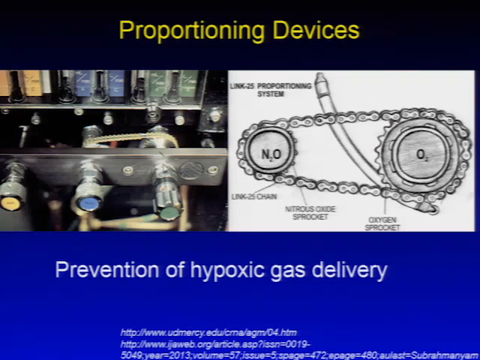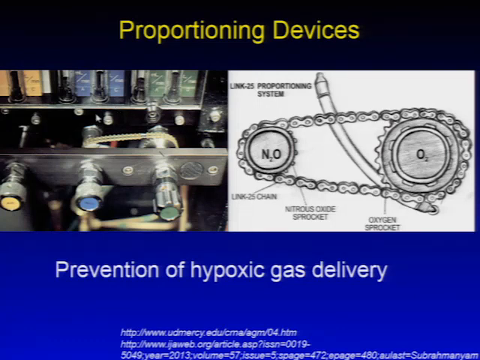So this is an additional example of a safety system protecting from exposure to low concentration oxygen. This proportioning device, as you can see here, is attached to the nitrous oxide and also oxygen together, and that prevents hypoxia of the patient. This is how it works.